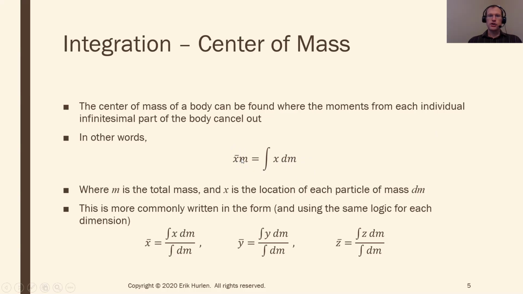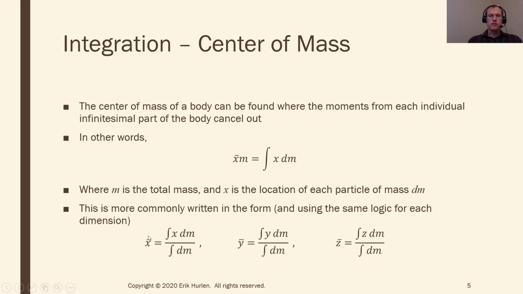And so to find x bar, I just divide by m. And m is usually written as the integral of dm, some small element of mass, integrated over the entire mass, and I just get the mass. But this denominator is just the total mass m.